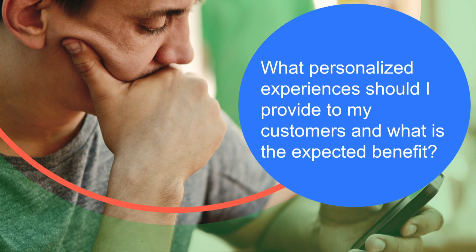When we think about optimization, that next jump is often personalization. And we want to know what personalized experiences I should provide to my customers and what the expected benefit is. I think this is a question that is on top of many people's minds. And to that end, I have created something that I like to call the optimization maturity model.